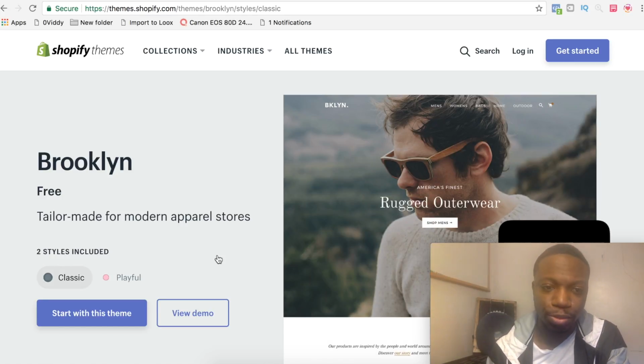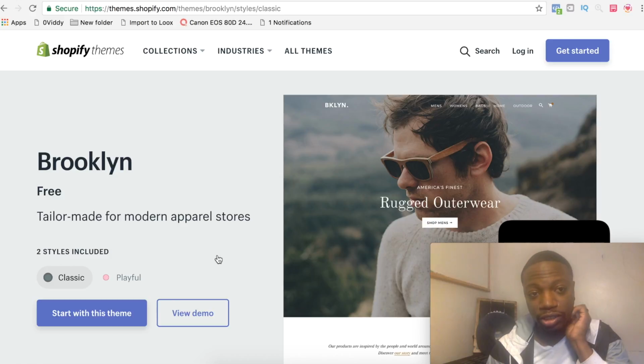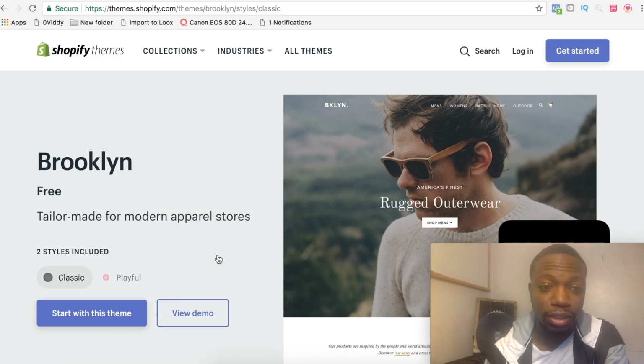I was using the Brooklyn theme almost up to the end of last year. Mind you, I jumped into Shopify at the end of 2016, and I was using the first theme that I showed you. I changed that theme to this Brooklyn theme around, I want to say, maybe February or March, and ever since then, I've been using that.